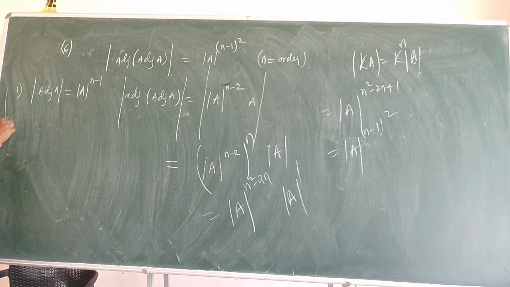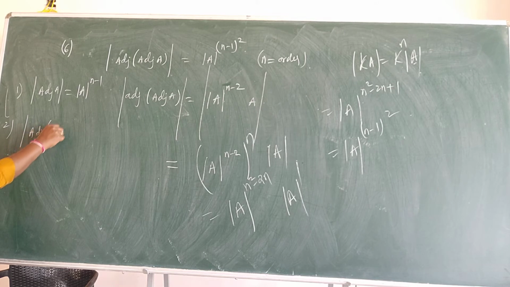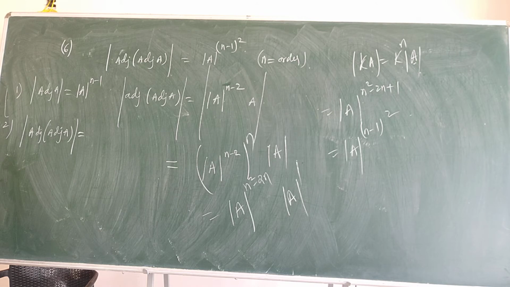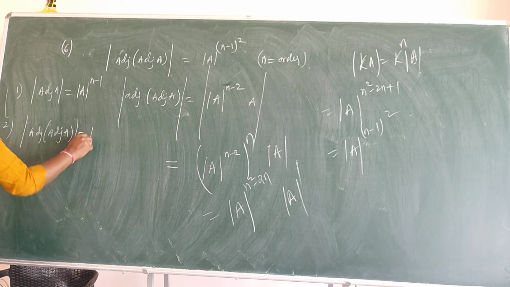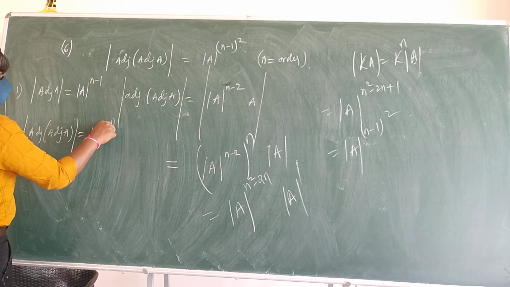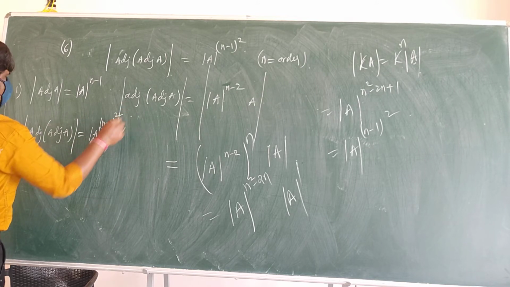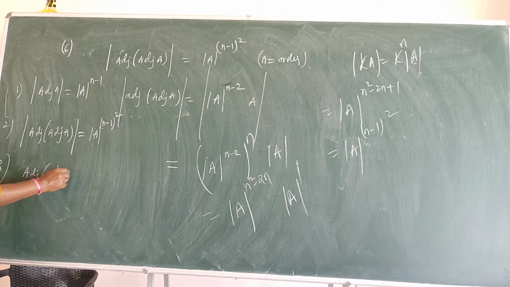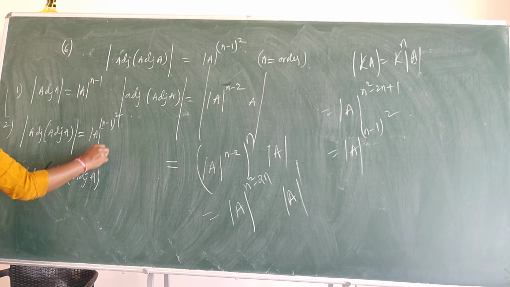Now second point, tell me. Adjoint of adjoint A, the determinant formula is what? Determinant of A raised to the power (n minus 1) whole squared. Now my next question: adjoint of adjoint of adjoint A, the determinant.